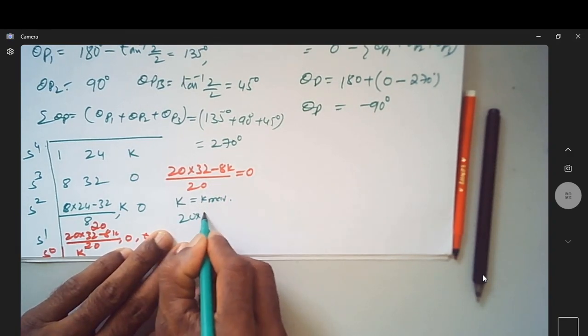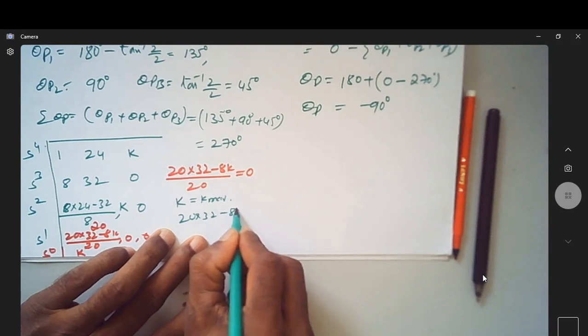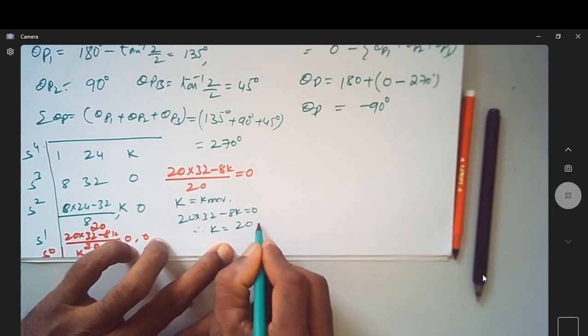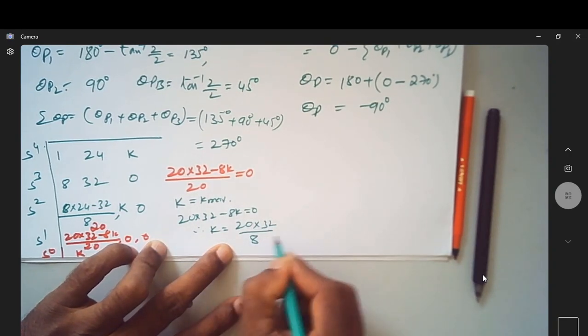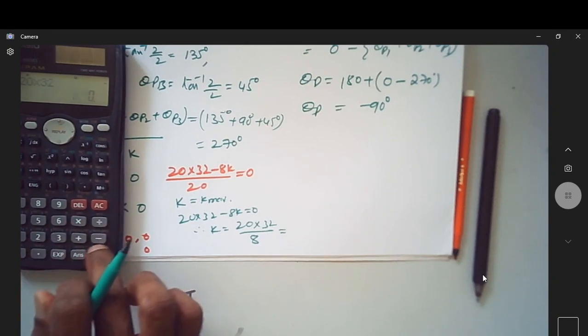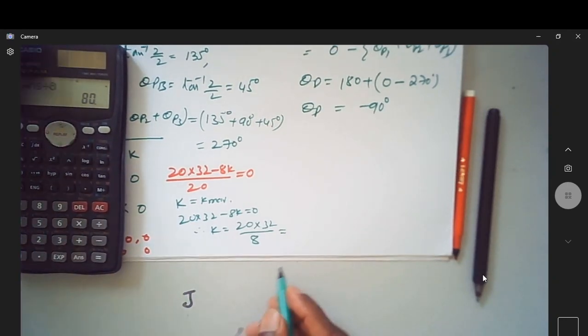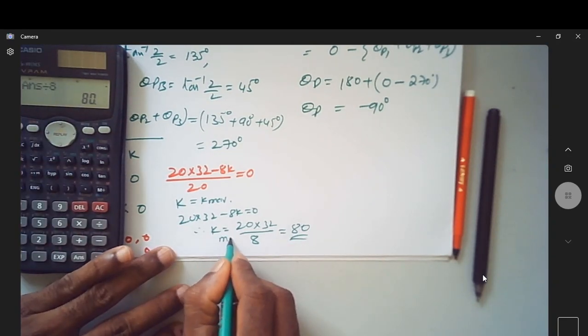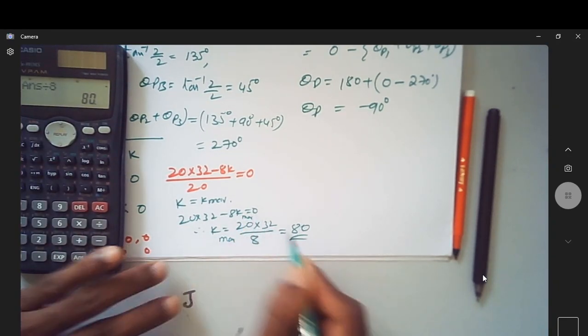It is 20 into 32 minus 8k equal to 0. Therefore k is equal to 20 into 32 by 8, which is 80. You have the value of k marginal, which is 80.